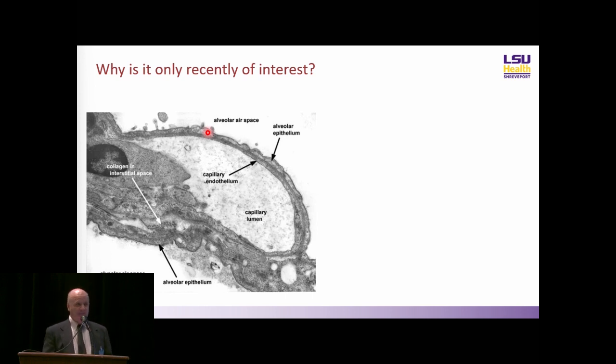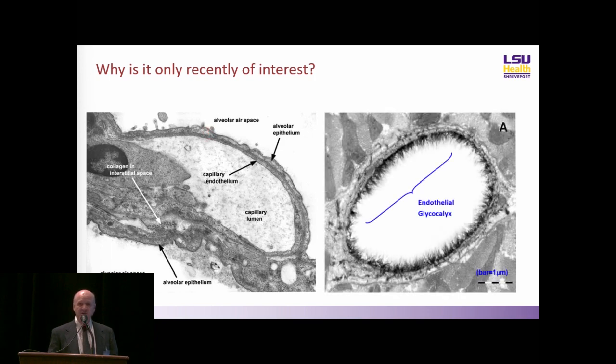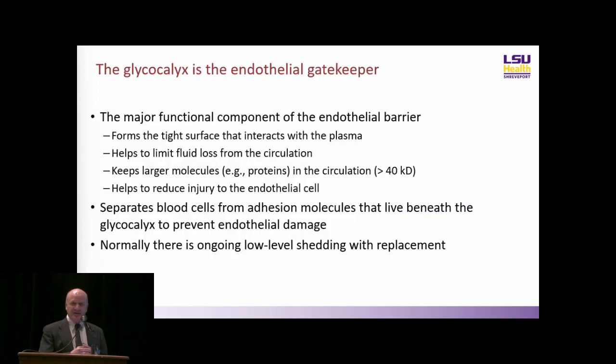Why not? The reason we didn't know about the glycocalyx was because the fixation process for tissues for electron microscopy destroyed it. And it wasn't until newer fixation techniques came into use that allowed us to identify and study further this particular structure.